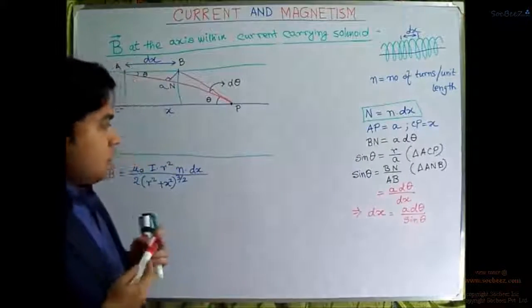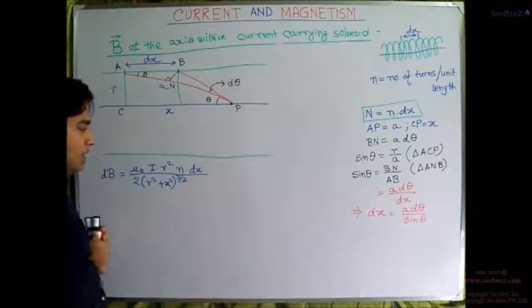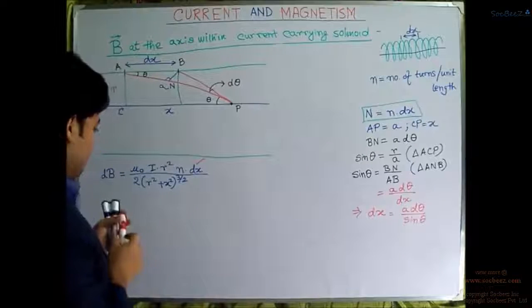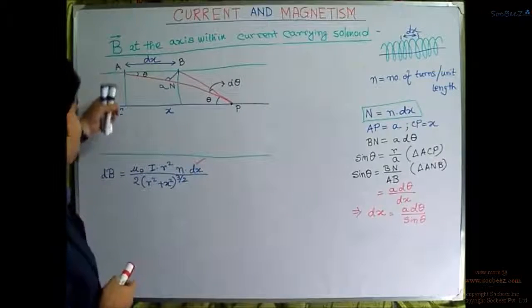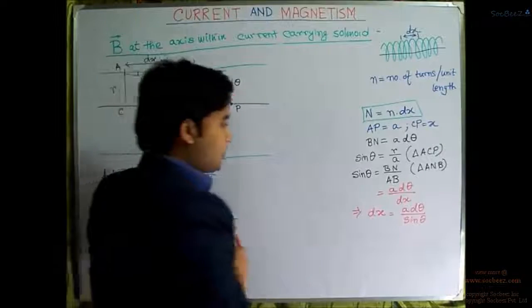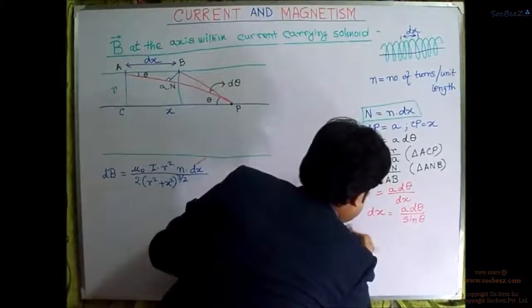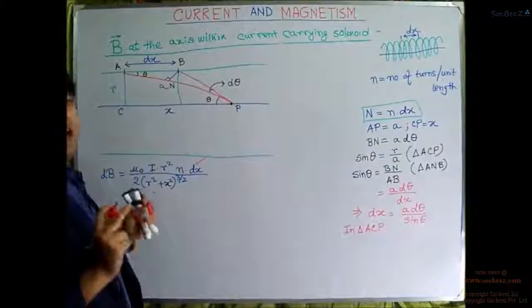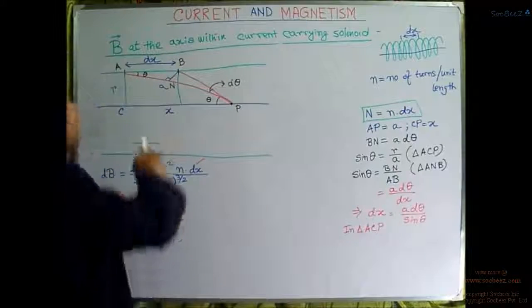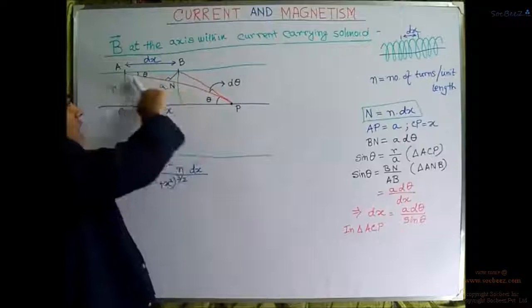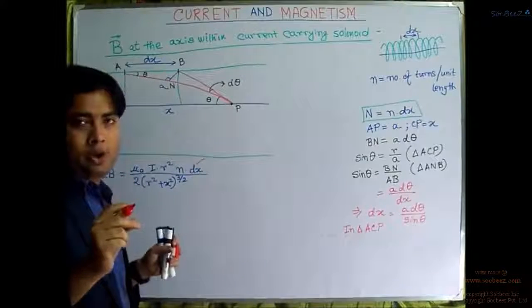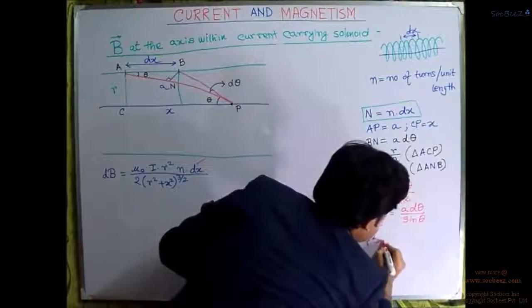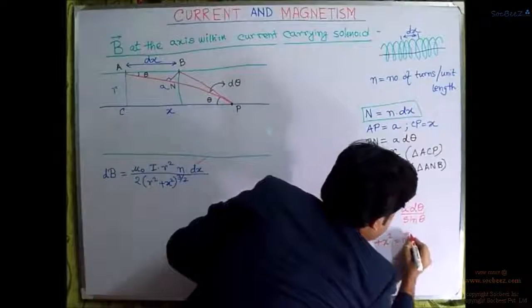Now we can replace dx with this term. Also observe in triangle ACP, if the Pythagoras theorem is applied, r square plus x square is equal to a square.